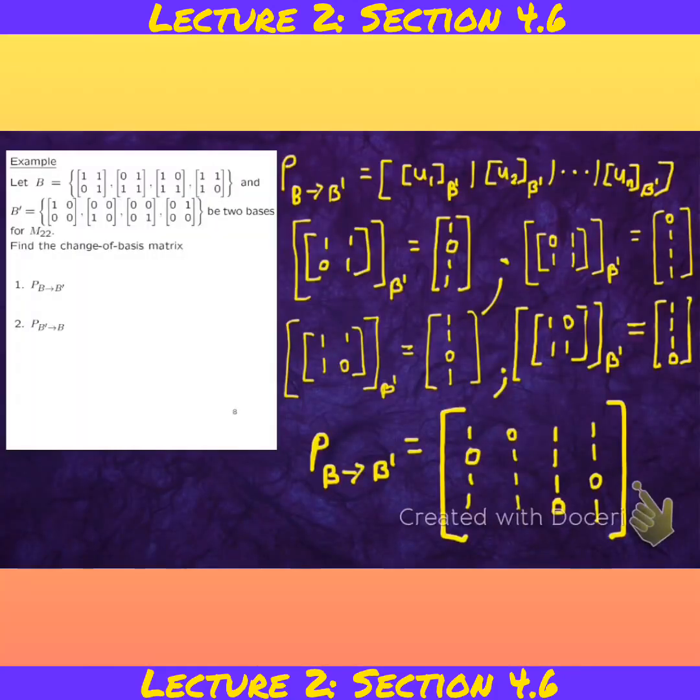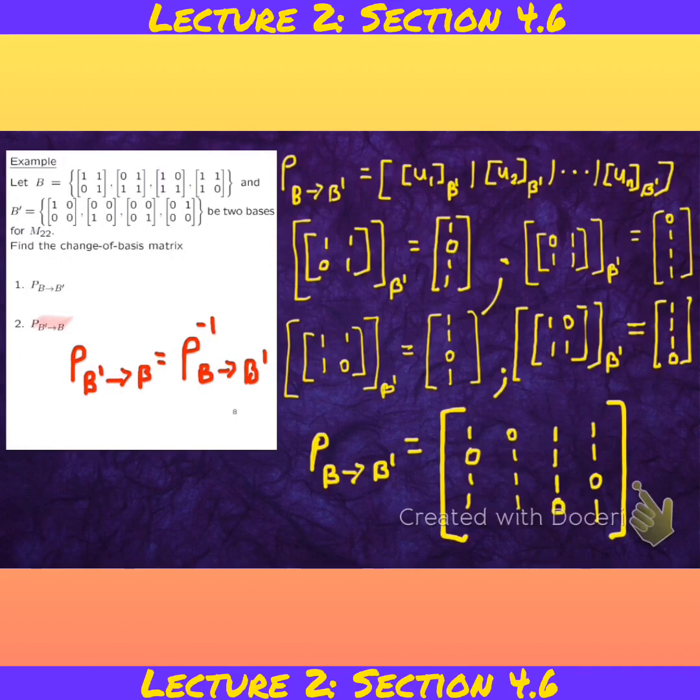Alright, so what we want now is to find the change of basis matrix that runs from B prime to B. And recall that we can do this by playing around with inverses. So from the previous theorem, the change of basis matrix from B prime to B is just the inverse of the change of basis matrix from B to B prime.